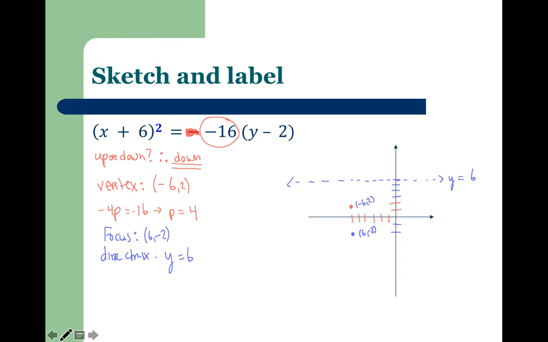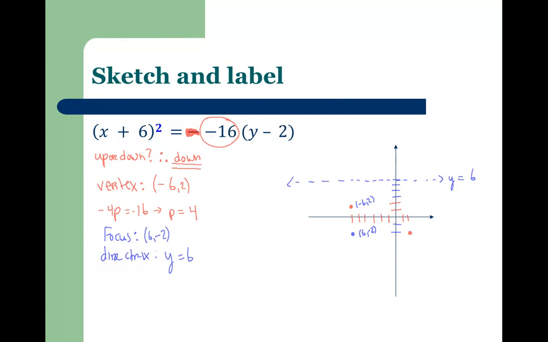So I'm going to find 2 more points. I'm going to go back to the red just so that I know what I'm actually connecting. So the distance, this distance is 4, this distance is 4. So if I go 8 to the right, 8 to the left, that's going to give me 2 more points from the focus. So I'm going 6, 7, 8.